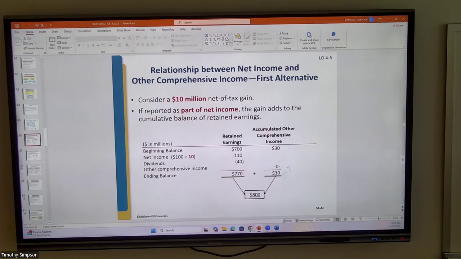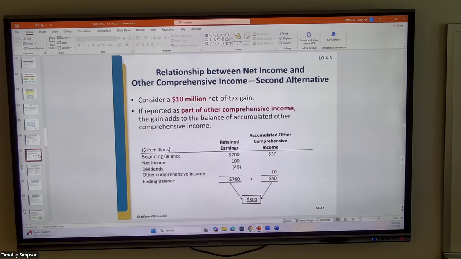So we add this 30 to the 770 in retained earnings. Remember, retained earnings is this important element of accumulated earnings that have never been distributed back to shareholders. It's simply an accumulation of earnings, and we call it capitalization of earnings. And it's matched on the asset side by equipment, inventory, whatever the case might be. So in this case, we end up at $800 million.